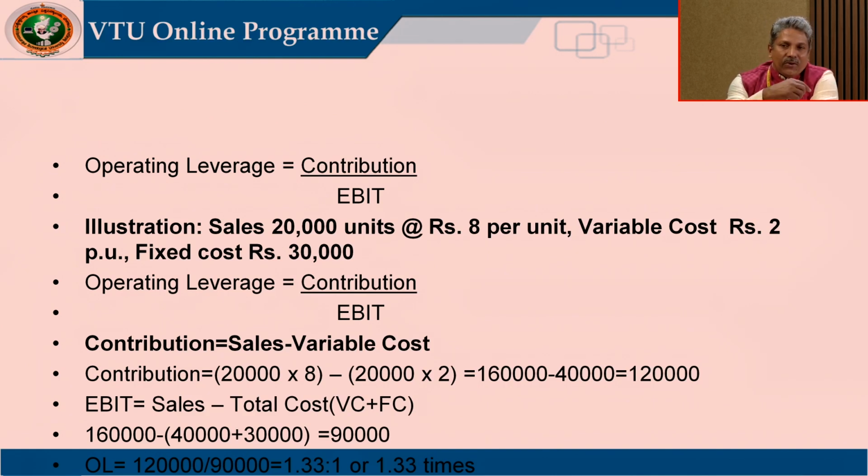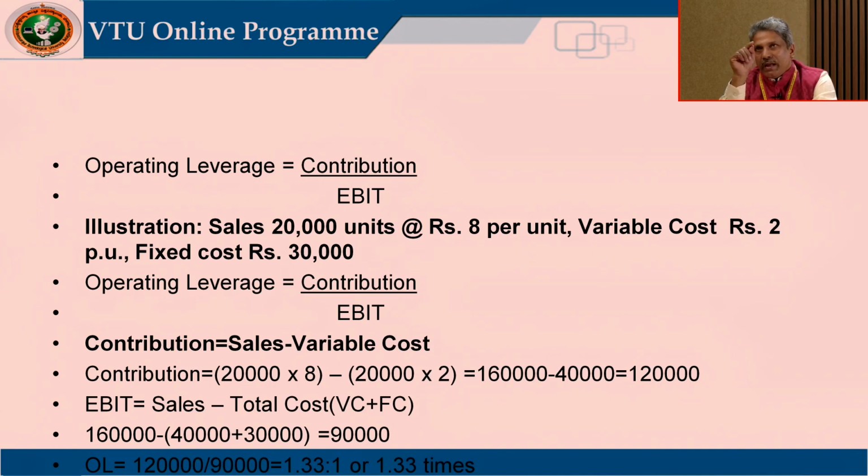In our example, I mentioned fixed cost 5 rupees, variable cost 3 rupees, profit 2 rupees, which totals 10 rupees as sales. How much is the contribution? Contribution is equal to sales minus variable cost. Sales is 10 rupees, variable cost is 3 rupees, so 10 minus 3, 7 rupees is the contribution.